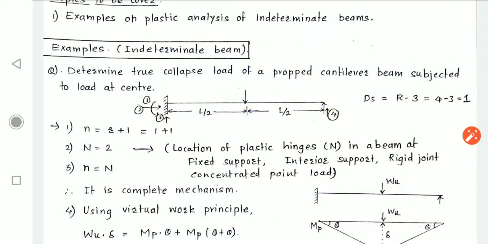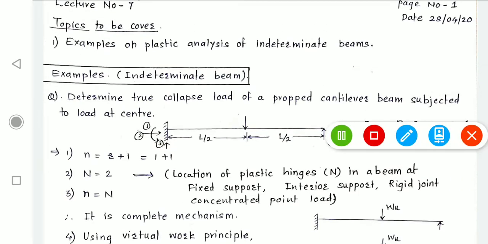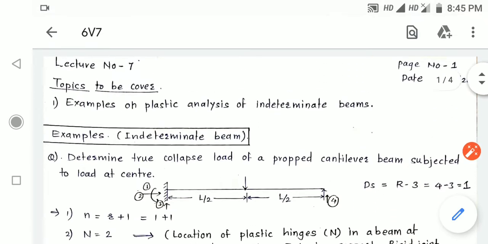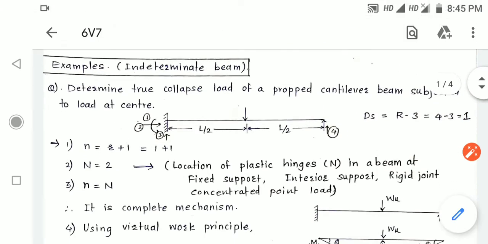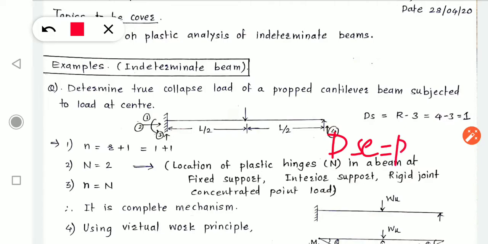So let's solve first DSE. We are calculating DSE. DSE is given by the formula: reactions minus equilibrium equations. 3 are the equilibrium equations.